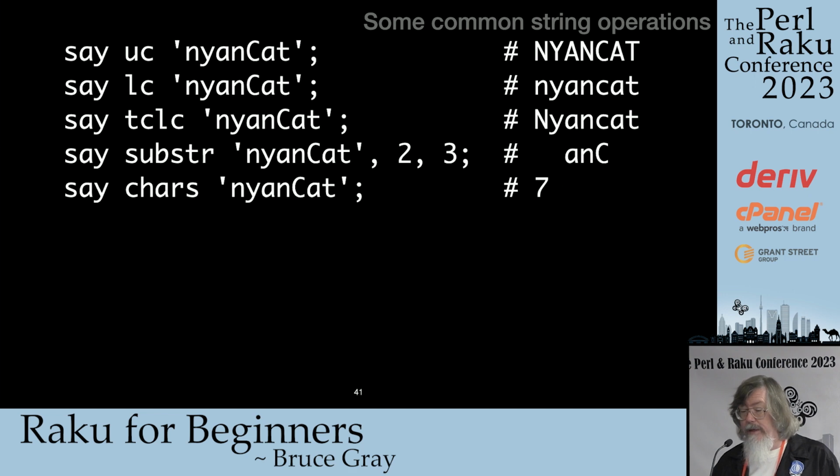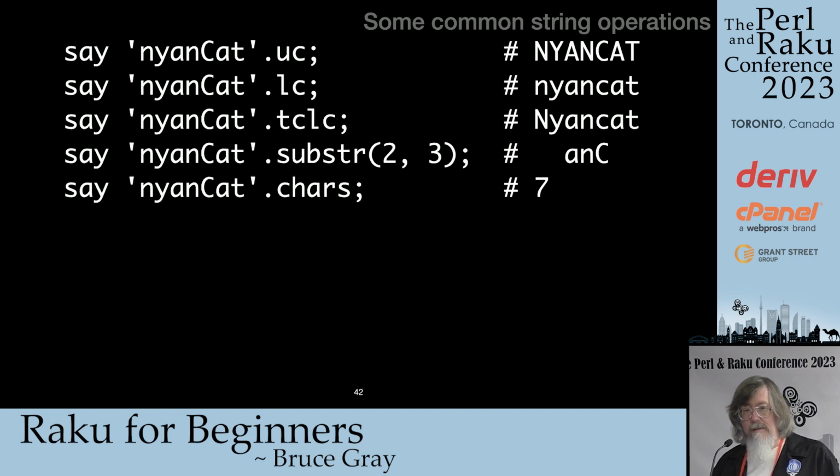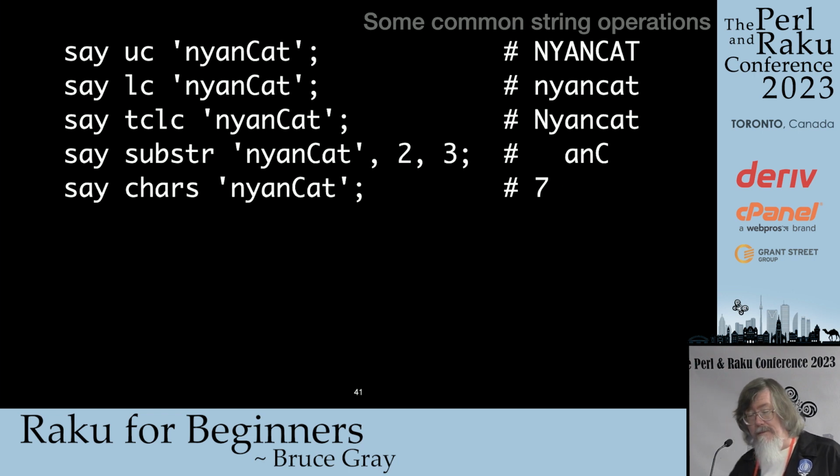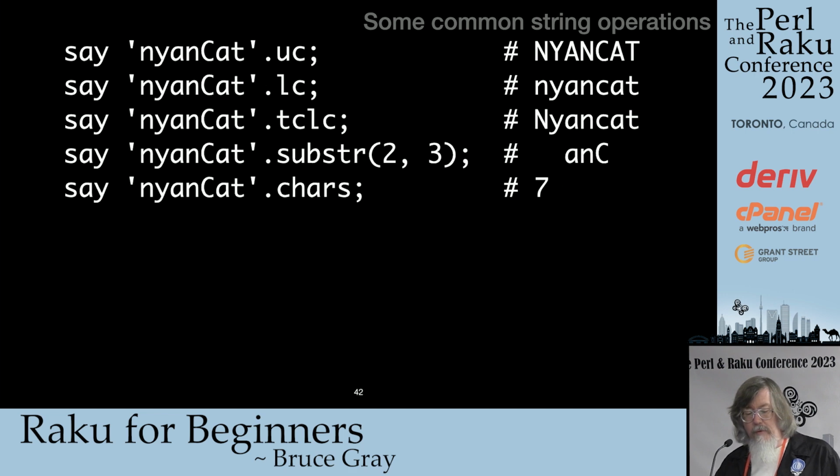You can omit the parens when everything to the right is the argument. Like that. There is a bytes method. I may have a slide on that later. You might prefer the method forms depending on what your surrounding code looks like.